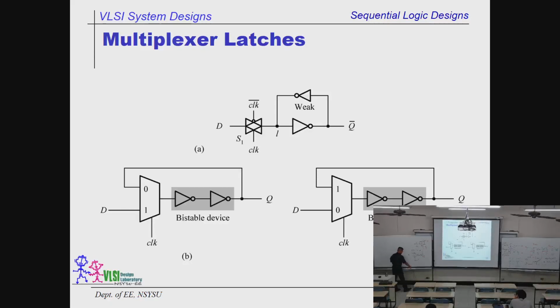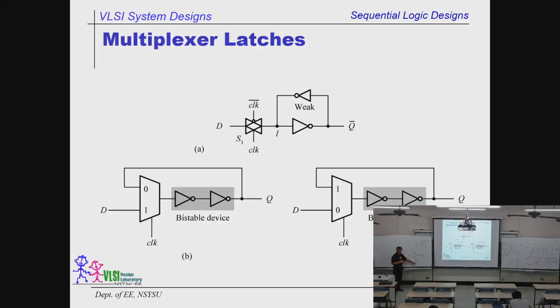So the difference is that when the clock goes high, we no longer select the original Q. We are going to select the D over here to go over this buffer and replace the original Q. So the 0 and the 1: 0 will go through the loop to refresh it.